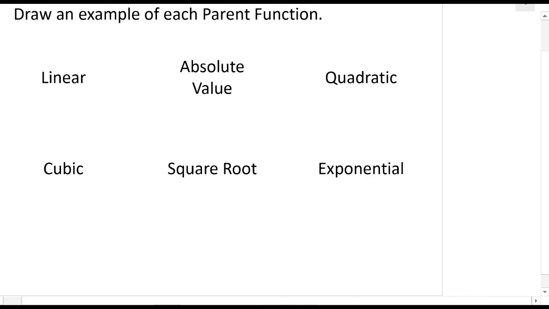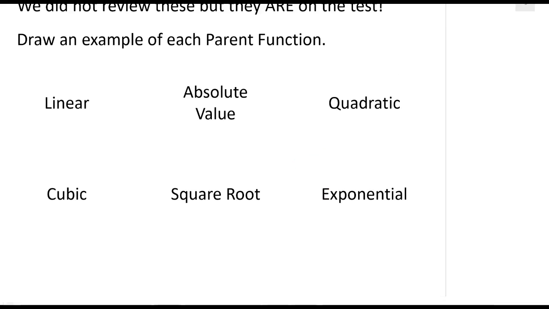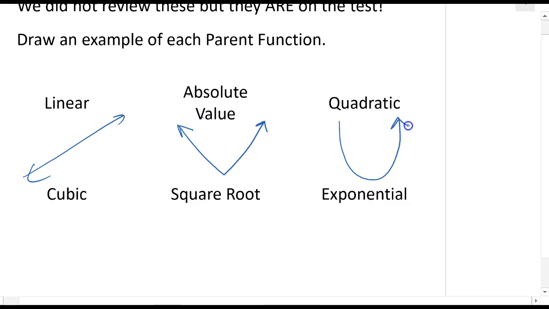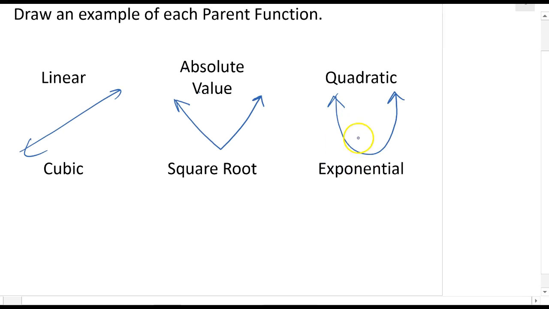Okay. Now I'll draw an example of each parent function. A linear, I'll just quickly do this, straight line. Absolute value is a v, and you can remember it's a v because a v, quadratic, is a u, not a q, but a u.